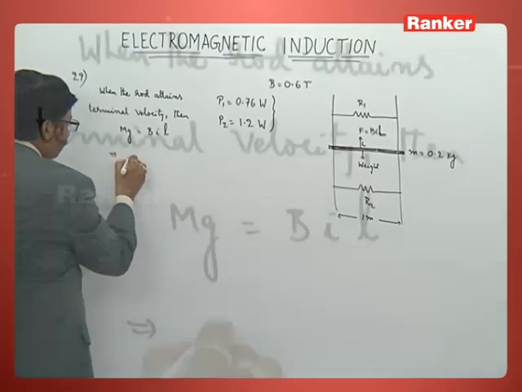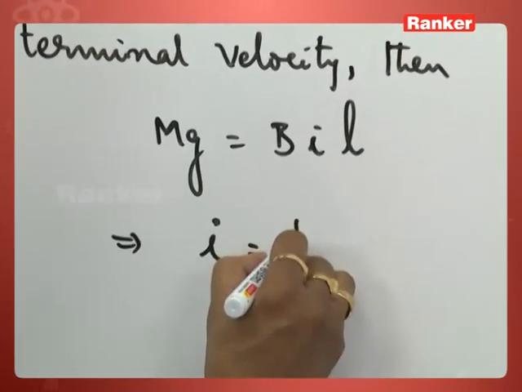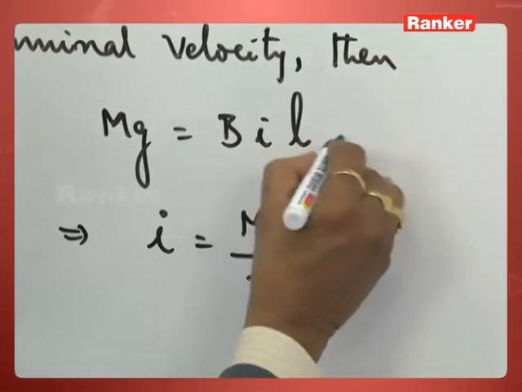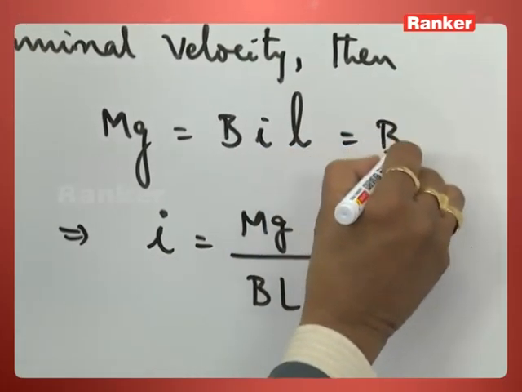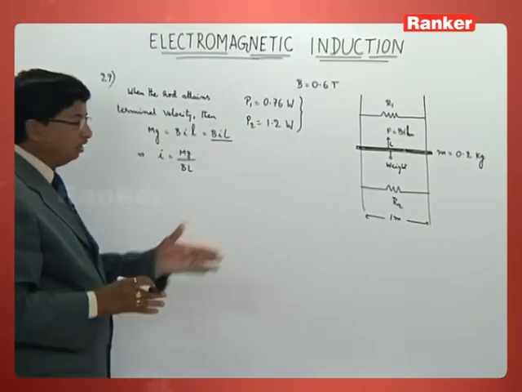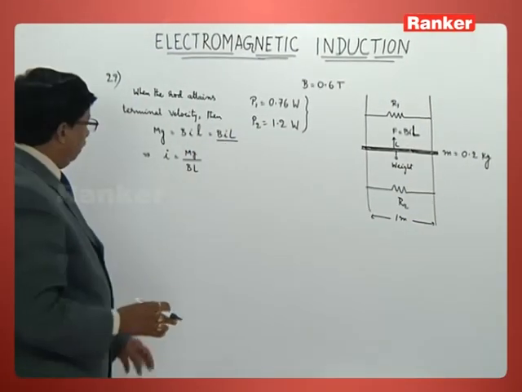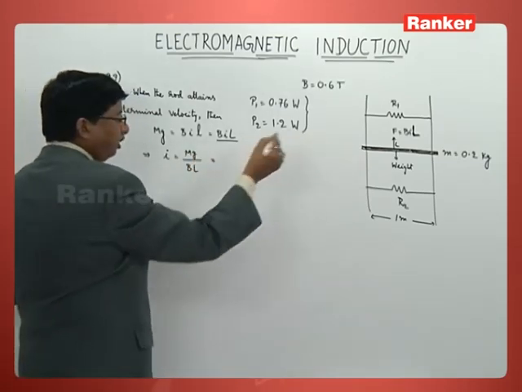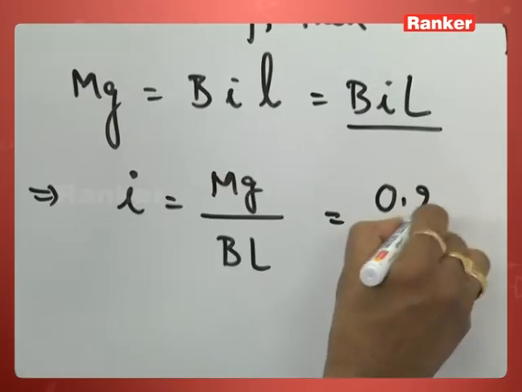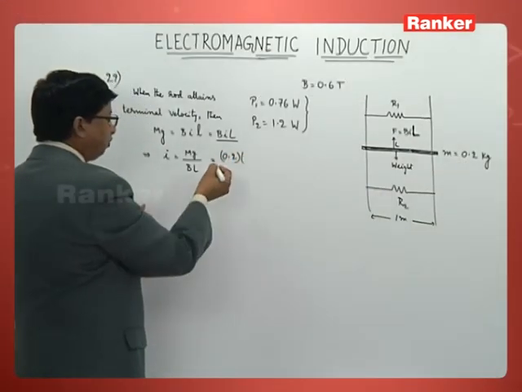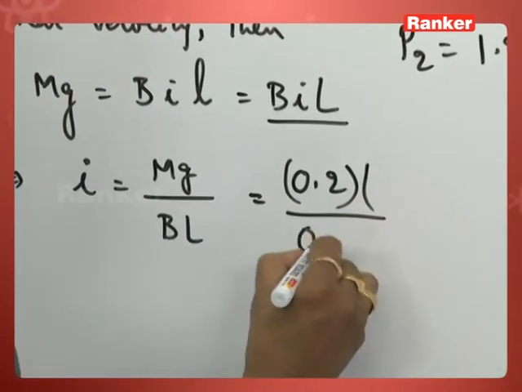Now can't you understand I in this particular case is mg by BL. I am taking this one as BIL, that L is the length of the rod, capital, nothing else. Now if you write mg by BL, mass of that particular rod has been given as 0.2. And B value of course he has provided to you, that is 0.6.